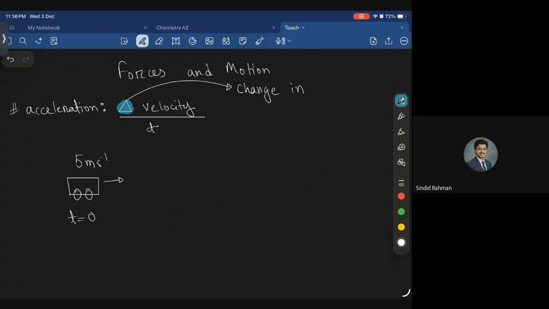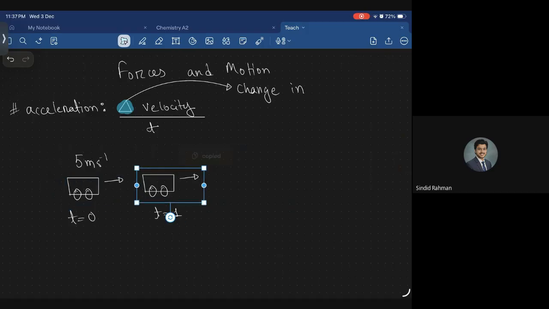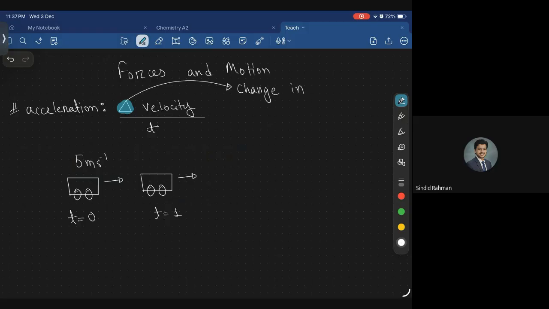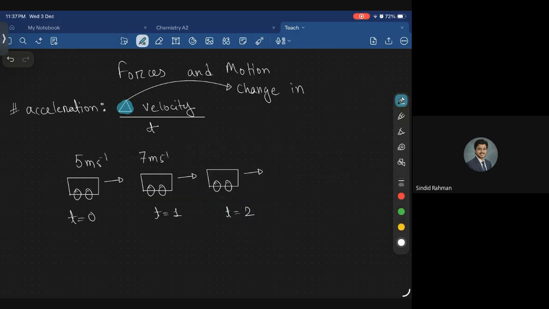At time equals 1 second, the same car is now moving at, let's say, 7 meters per second. And then at t equals 2 seconds, the same car again moves at, let's say, 9 meters per second.